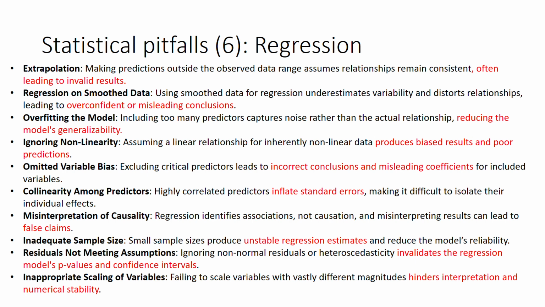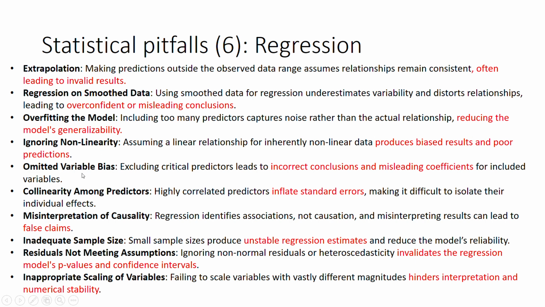That is called overfitting. Then ignoring non-linearity relationships. So depending on how you design your regression, you may account for linear or non-linear relationships. If there is a non-linear relationship and you don't account for it, then you are distorting your conclusions.